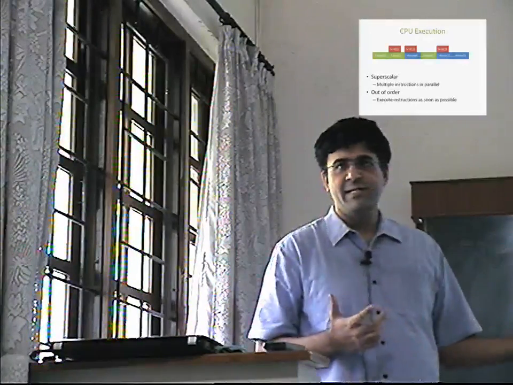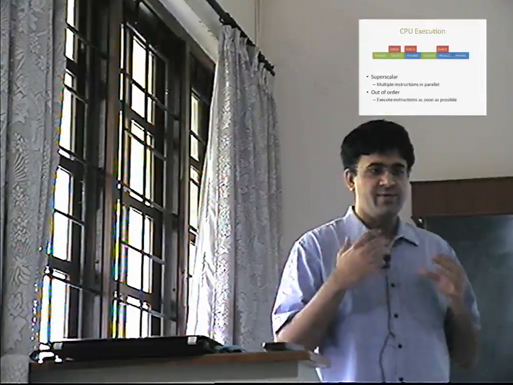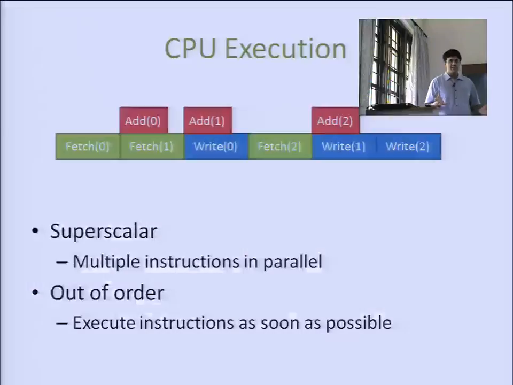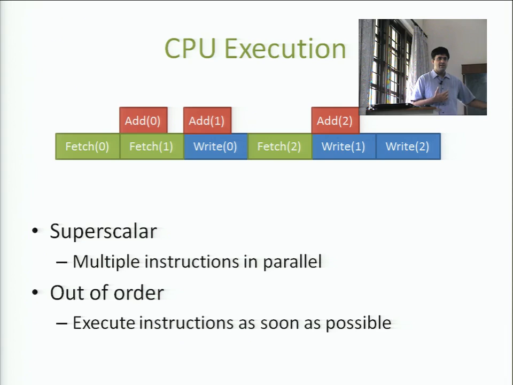So I said two things. One is superscalar, which is that you execute multiple instructions together, right? Typically, current processors can execute 4 instructions in parallel every cycle. So that's called superscalar execution. Out of order execution is basically you try and schedule instructions that are independent as soon as they can be scheduled.